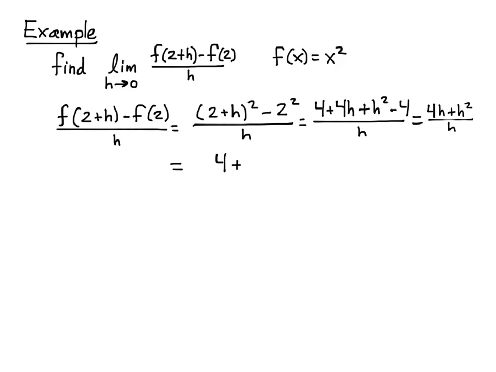If I then factor out the h and cancel the h, I get 4 plus h. So here's an equivalent expression for this thing. And so with all the rules that I've had before, now I know that the limit of 4 plus h as h goes to 0 is just 4, right? Because the limit of h as h goes to 0 is just 0.